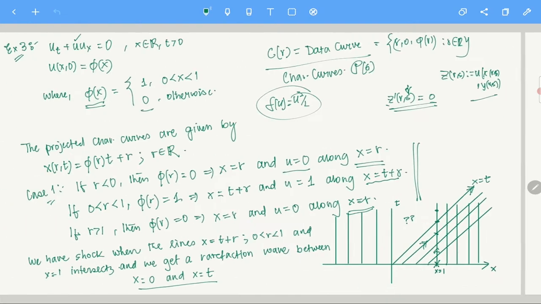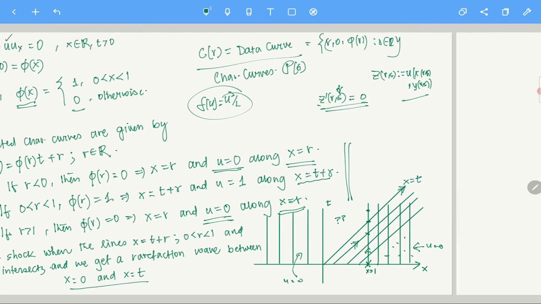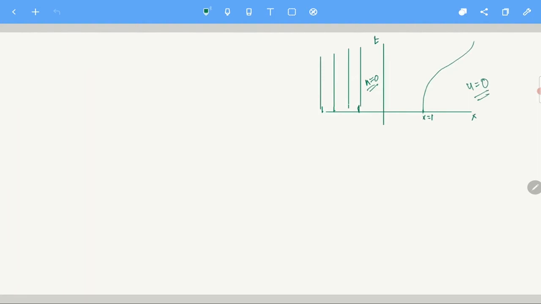If you remember, u is 0 along x equals r. In these parts where they are not touching anywhere, u is 0, that's not a problem. Here also there is no problem, u equals 0. If you just look at this diagram, let me draw another part.